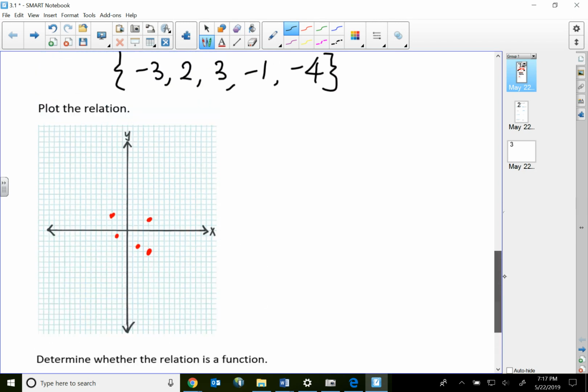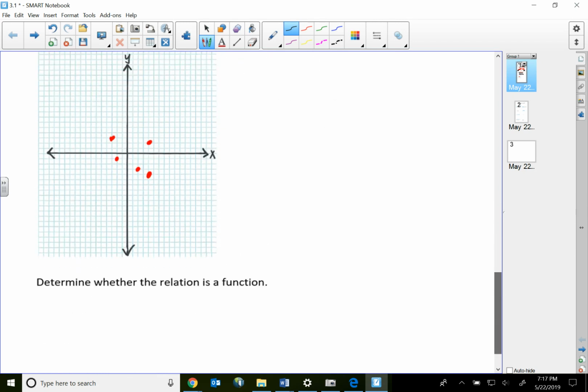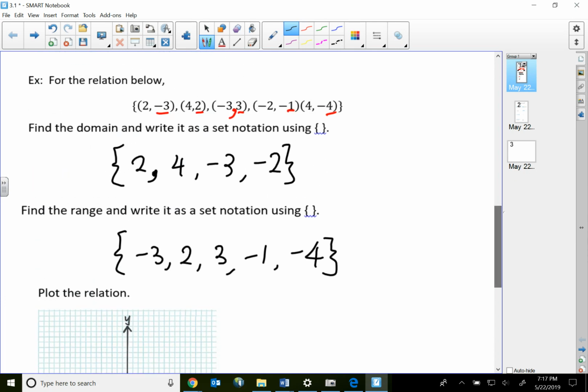Okay, is it a function? The answer is no, because earlier I said for a relation to be a function, I cannot have the same x. This x, I got 4 twice. It does not correspond to exactly one y value.